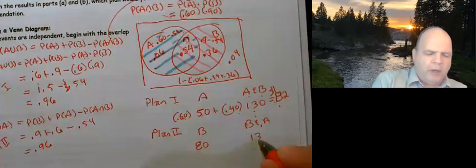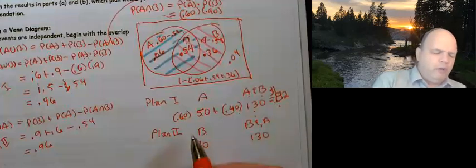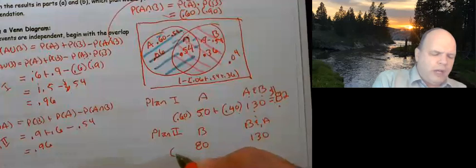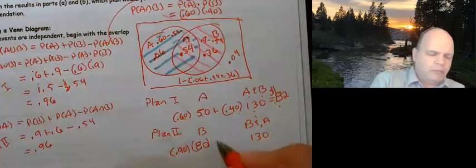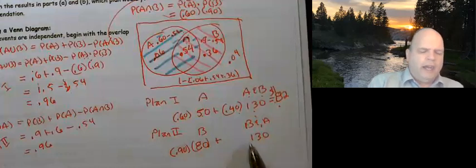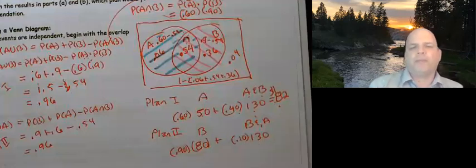So if we have to buy both of the drugs, we're still at $130. Well, if we use plan two, 90% of the time we're only spending $80. And 10% of the time, I'm having to spend $130.